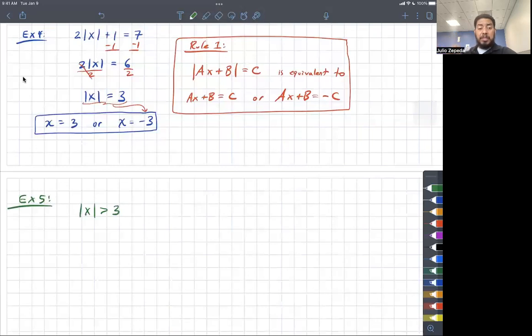We want to describe the set of numbers whose absolute value is more than 3. So the numbers that are more than 3 units away from 0. And so if we draw a number line, we can find those numbers. Actually, in one of my classes today, somebody said that that would be 1, 2, 3, 4.